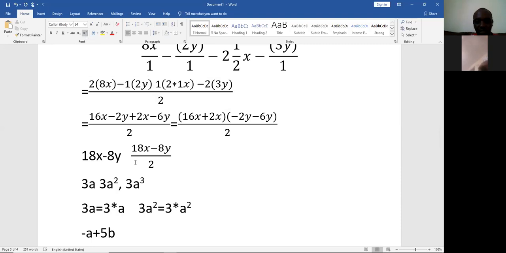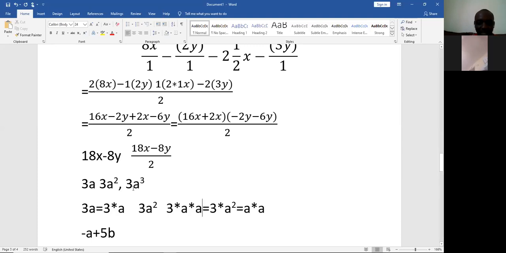This means this is 3 multiplied by a squared. Let me talk about a squared alone. A squared means a multiplied by a. So in short, 3a squared means it is 3 multiplied by a multiplied by a.